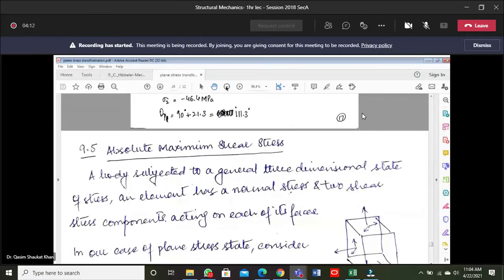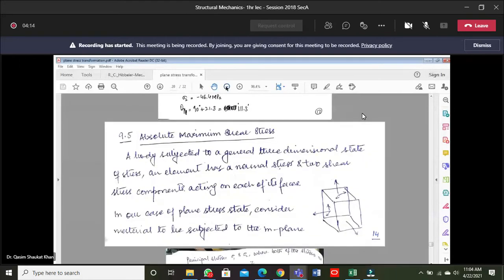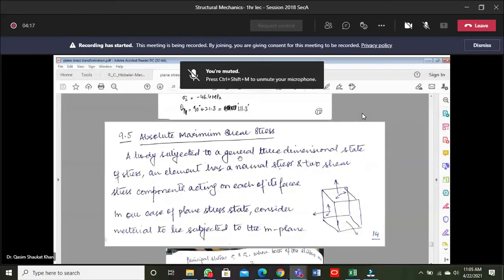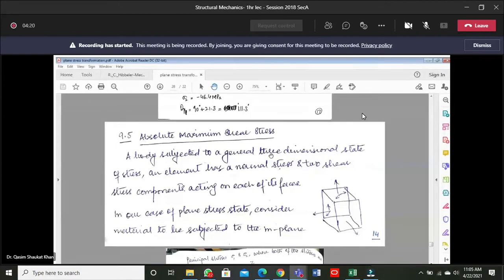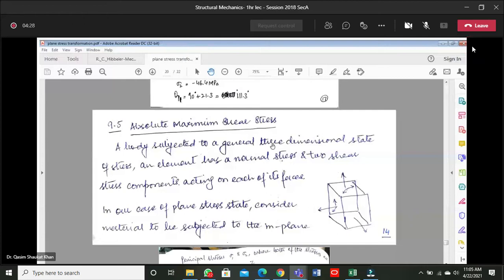First thing is absolute maximum shear stress. A body is subjected to a general three-dimensional state. So if you have a triaxial stress state, in which you have x, y, and z planes, that is your three-dimensional state of stress. On the x face you have one normal stress, sigma x, and two shear stress components, tau xy and tau xz.